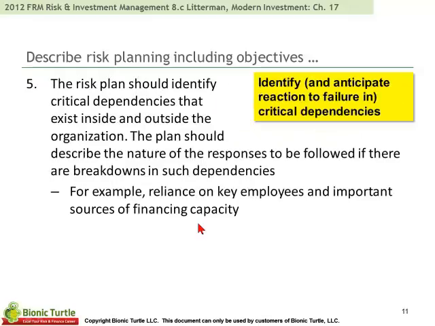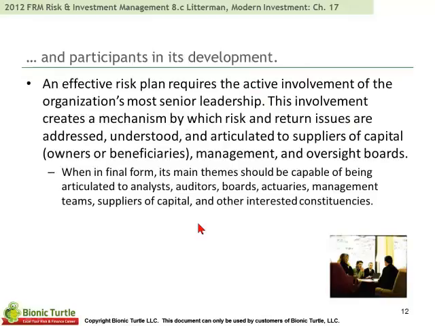And then 5, the risk plan should identify critical dependencies that exist inside and outside the organization. The plan should describe the nature of the responses to be followed if there are breakdowns in such dependencies. And in terms of participants, an effective risk plan requires the active involvement of the organization's most senior leadership. So that's very thematic.